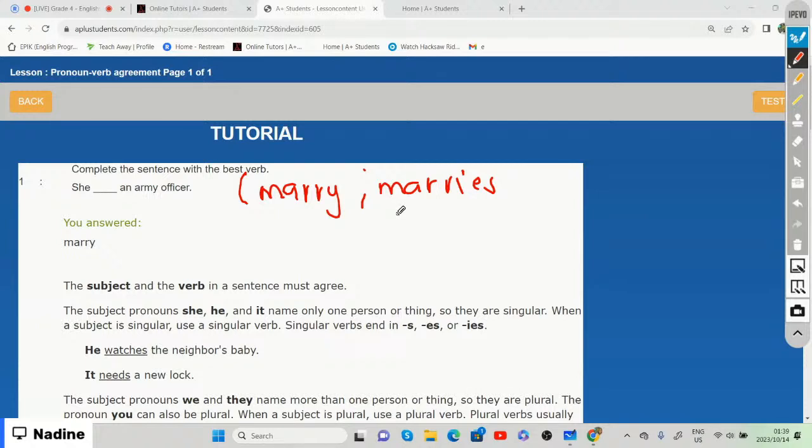She an officer. So we can say she marries. So marries. And that is the answer that goes over there.